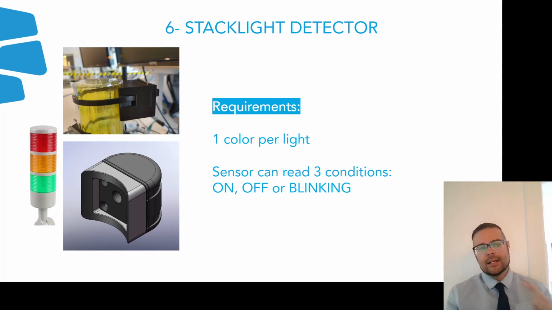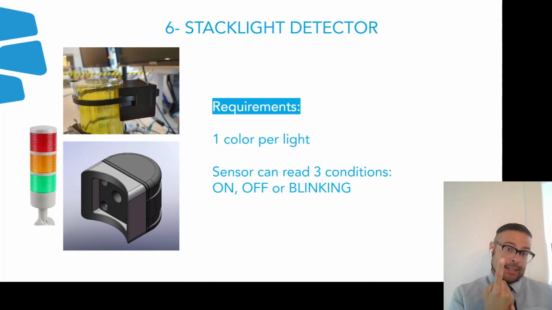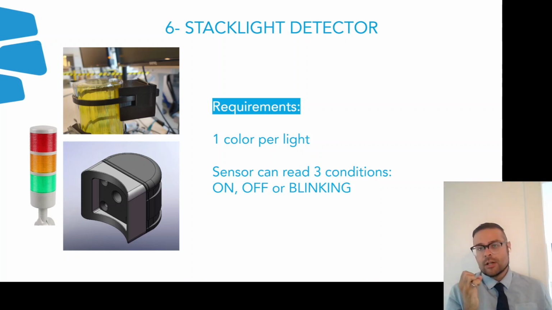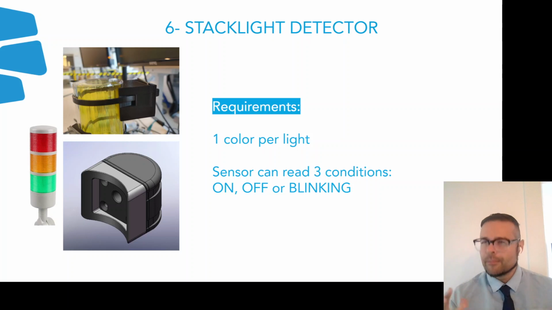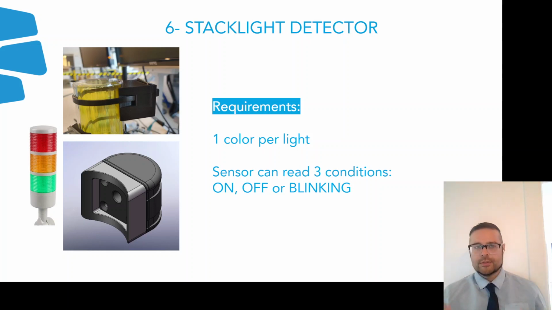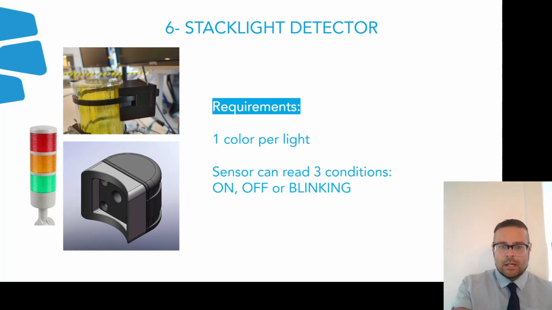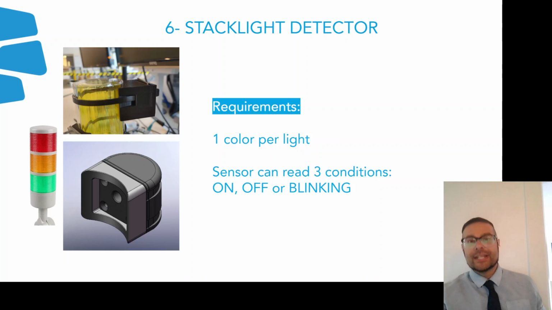Each can tell. But if you have one LED that changes color, then the sensor will only see it as on, off, or blinking. It cannot tell the color. So just as a side note. This still works with, I'd say, 80%, 90% of the CNC machines in the field.